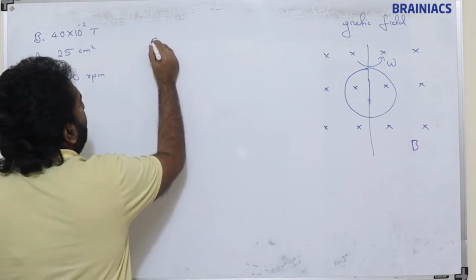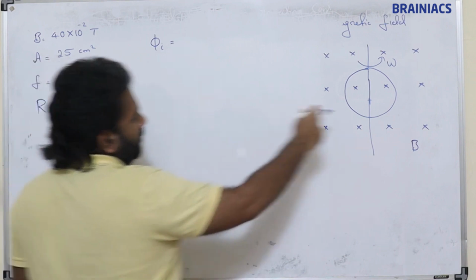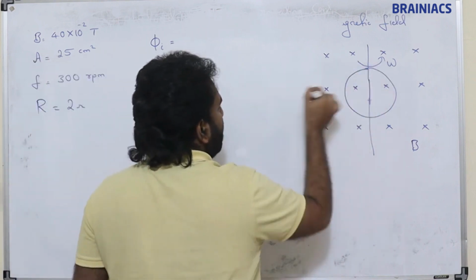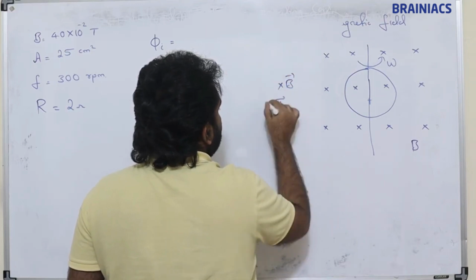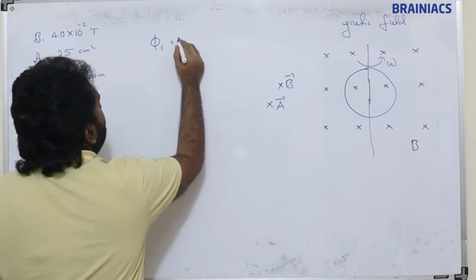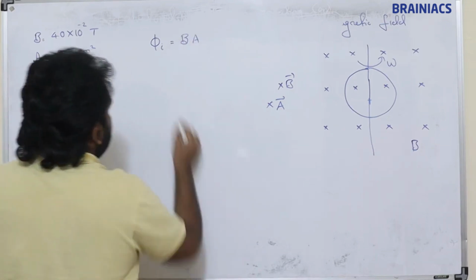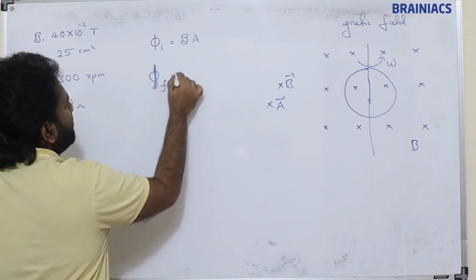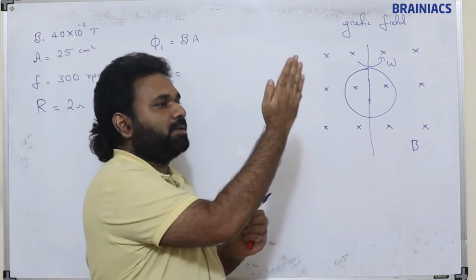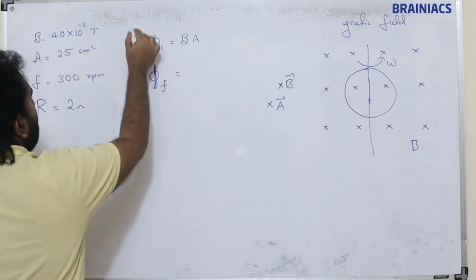So phi initial, suppose it is like this: the magnetic field is inside, the area vector is also inside. If we consider this, then phi is nothing but BA. Then phi final, what is it? It is changed halfway. First we will do a half rotation.